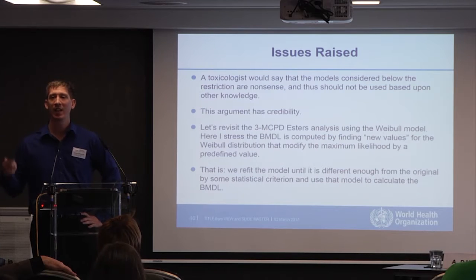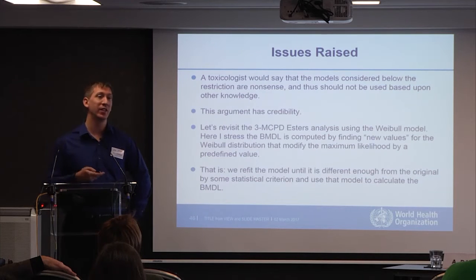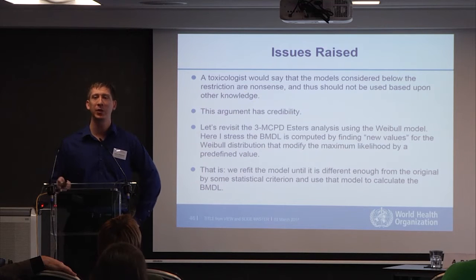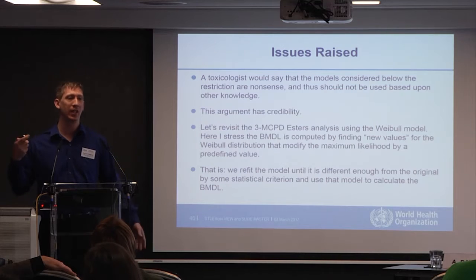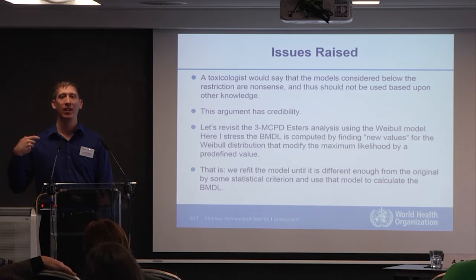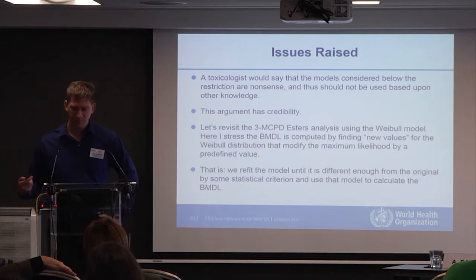Basically, the toxicologist needs to come into the discussion and say, this doesn't make sense. We can't use this because of basic chemistry, basic toxicology. And the argument has credibility because toxicology is a science just as statistics is a science. You have knowledge that needs to come into the discussion for a risk assessment.